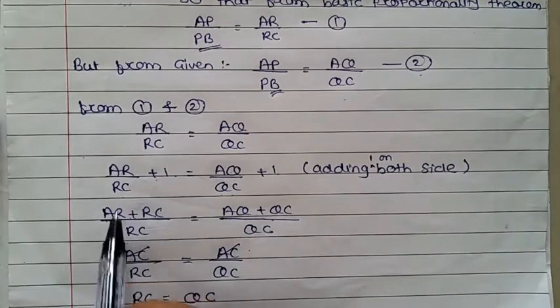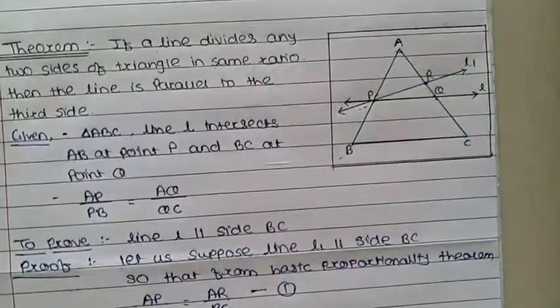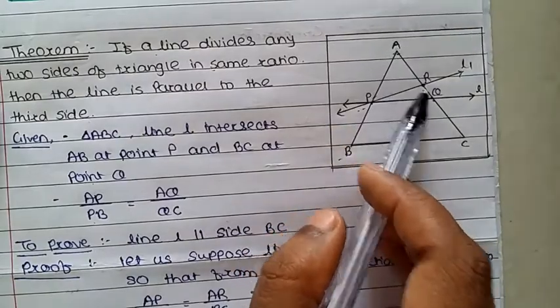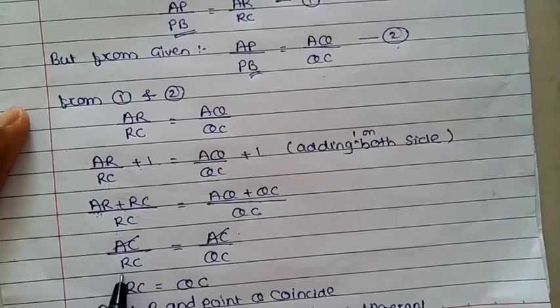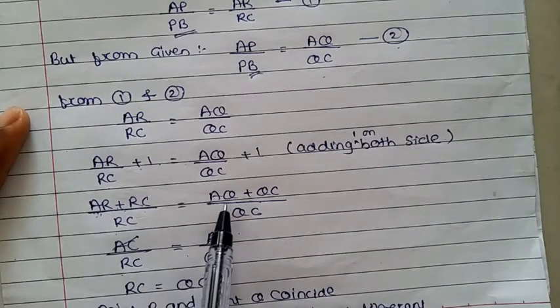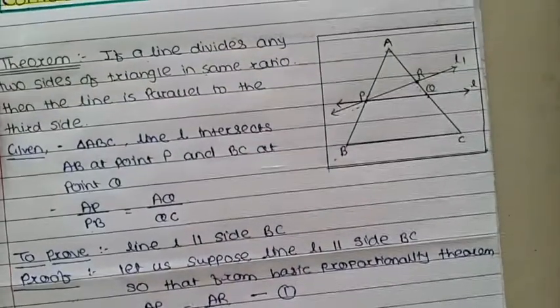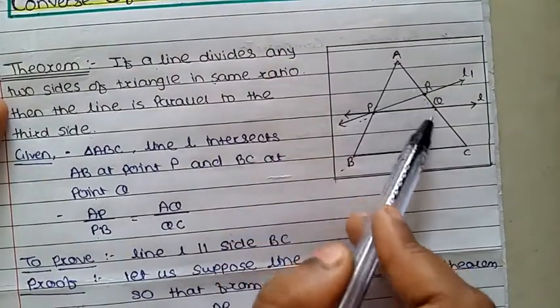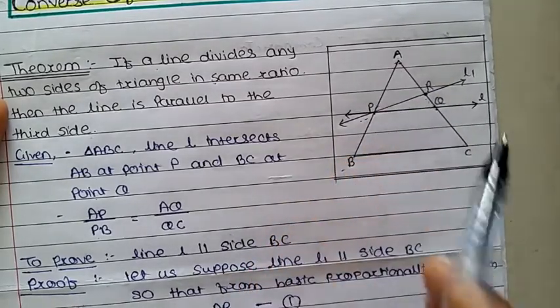Then when we observe AR plus RC in your diagram, what is your result? The full result is AC. So AC upon RC is equal to AQ plus QC, where AQ is this one, and the full result is AC.